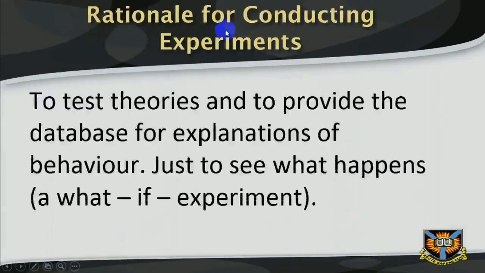Rationale for conducting experiments. The same general reasons that apply to the conduct of any research also explain why psychologists perform experiments. In basic research, experiments are performed to test theories and to provide the database for explanations of behavior.